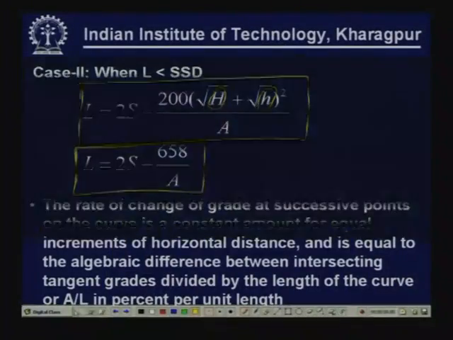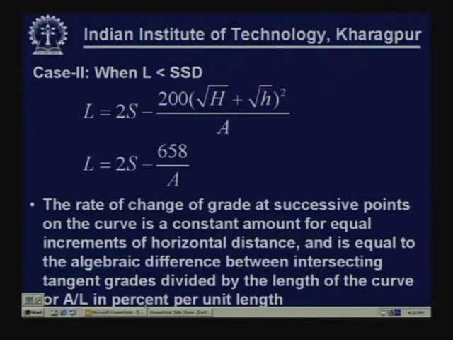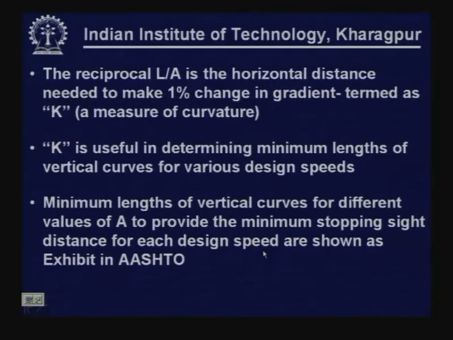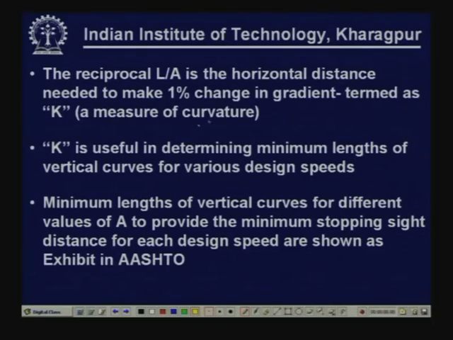Now, the reciprocal of this, that is L by A, is nothing but the horizontal distance needed to make 1% change in gradient. That means, what is the horizontal distance required to make a 1% change in grade?